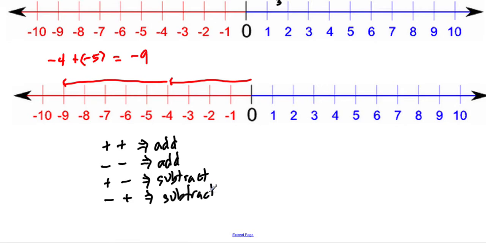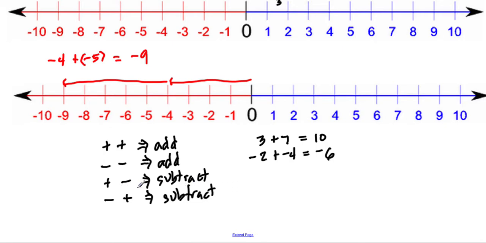So a few examples. Let's say I have 3 plus 7. Using the number line, we know that 3 plus 7 is 10. And if you have negative 2 plus negative 4, you're adding the two integers, and this becomes negative 6.